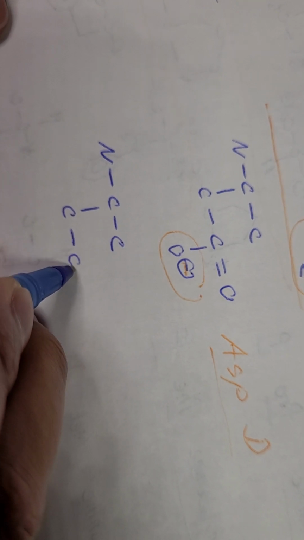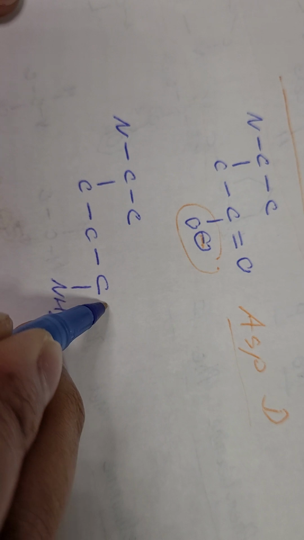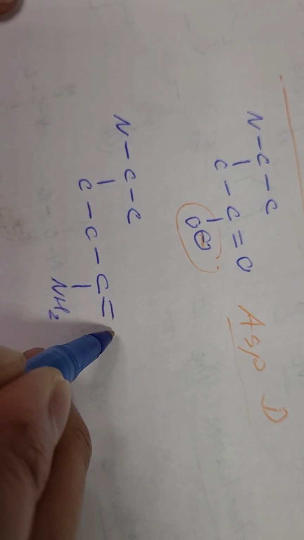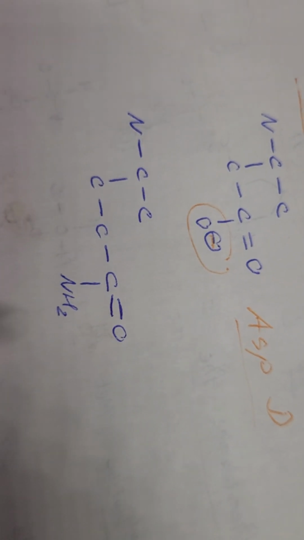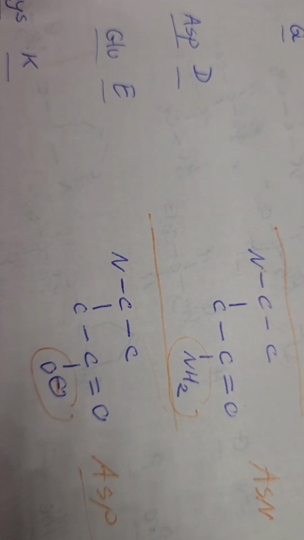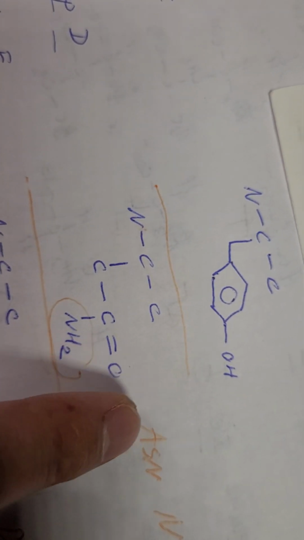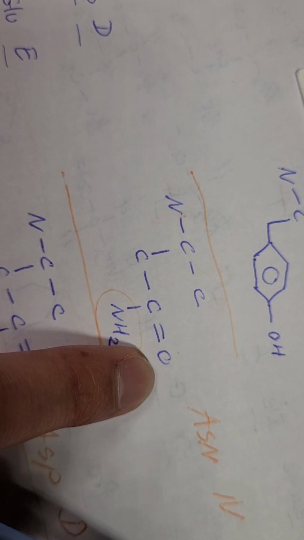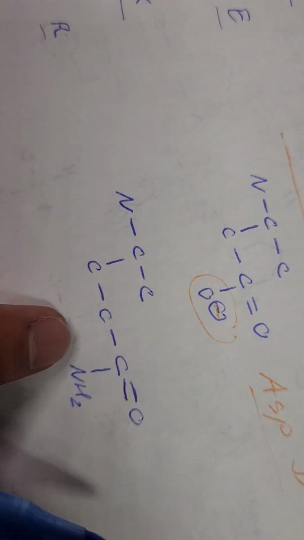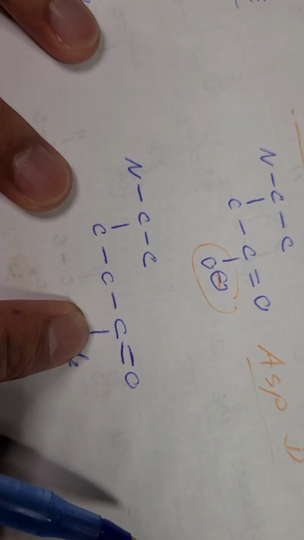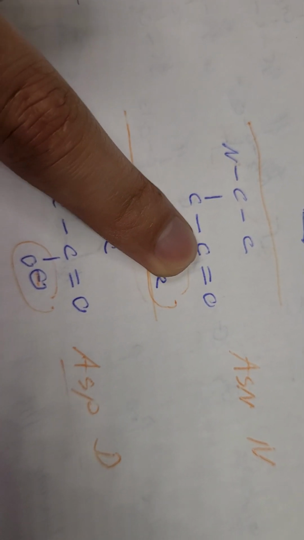But this one has 3 carbon, and you add NH2, and one is double bond. It's very similar. ASN, asparagine, has 2 carbon and connects to the one double bond with oxygen and one amine, NH2. But glutamine will be longer. You will have 3 carbon.